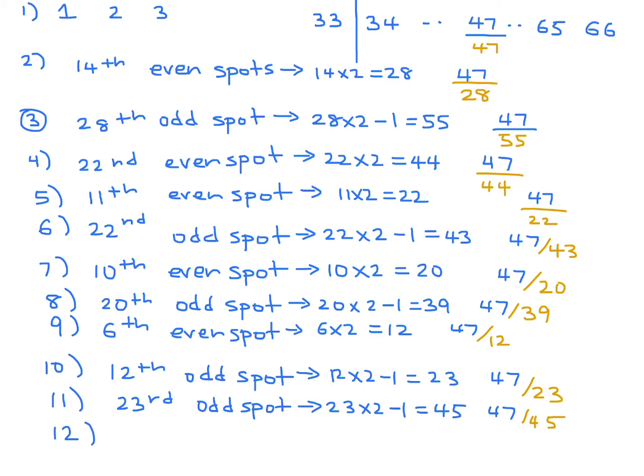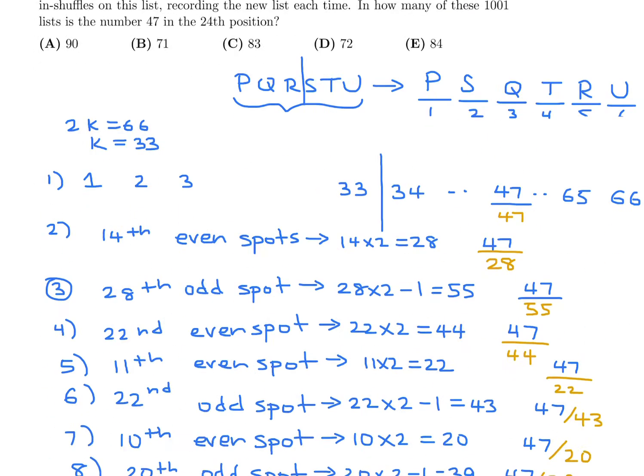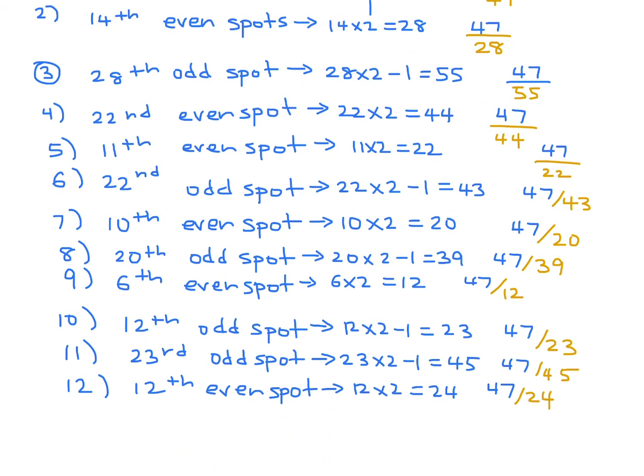That is the 12th number in the second half. So it would be the 12th even spot. And that is 12 times 2, which is 24. Finally, we got it. We are now in the 24th position. That is what they want. They want the number 47 to be in the 24th position. So we have arrived, and it came on the 12th.